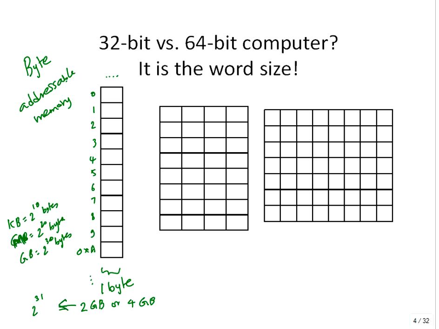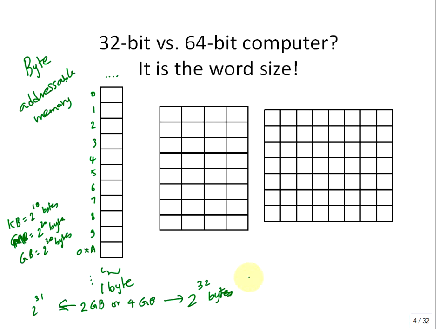That's 2 GB. 4 GB is 2 power 32 bytes. So if you have 2 power 32 bytes of main memory, it's 2 power 32.